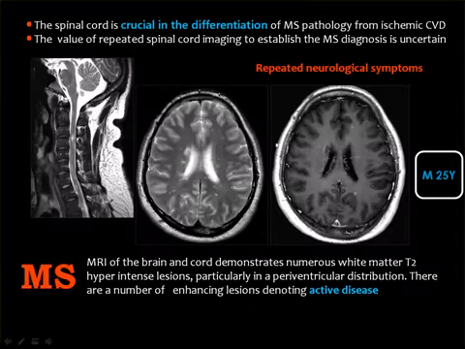Then many of the literature identify that examination of the spinal cord showed some plaques, especially in the cervical cord.